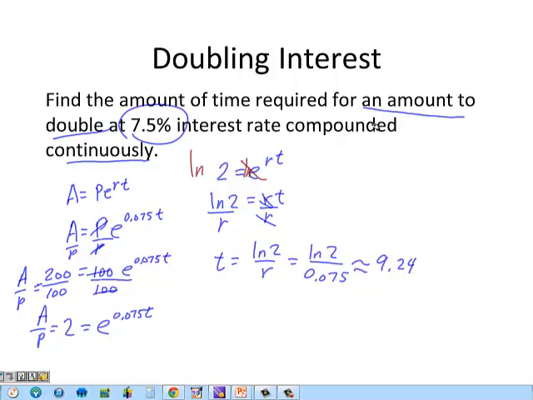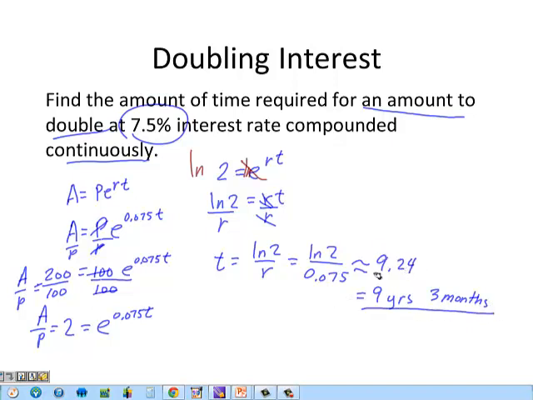So it says amount of time, it didn't ask you for years, so that means I got 9 years. And then if I put 0.24 times 12, because there's 12 months in a year, that would be equal to about 3 months. 9 years and 3 months.